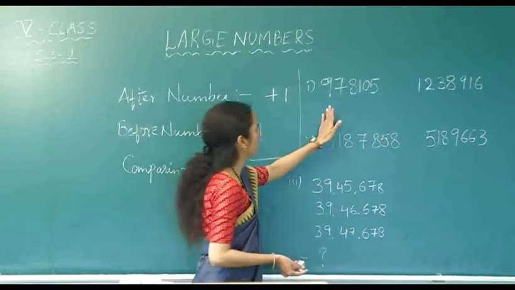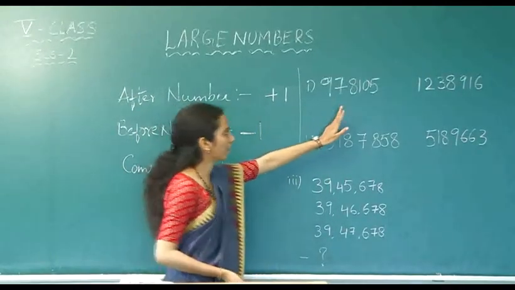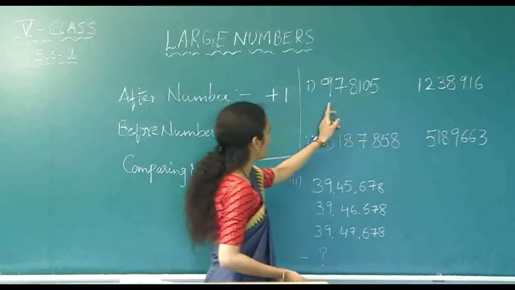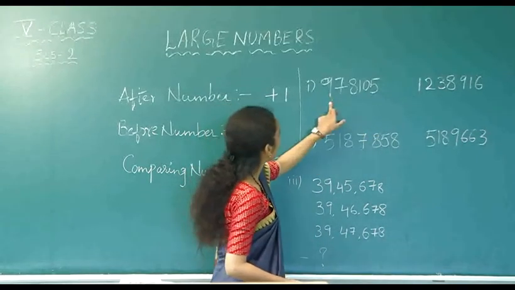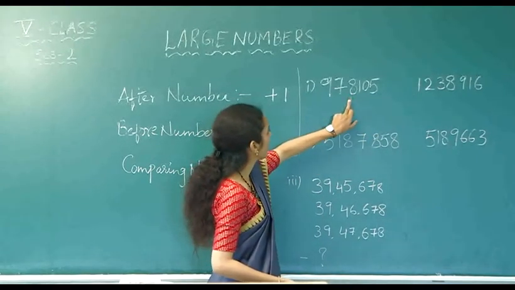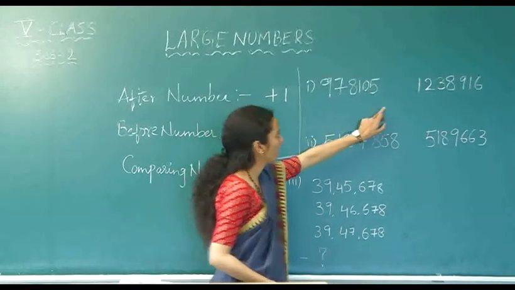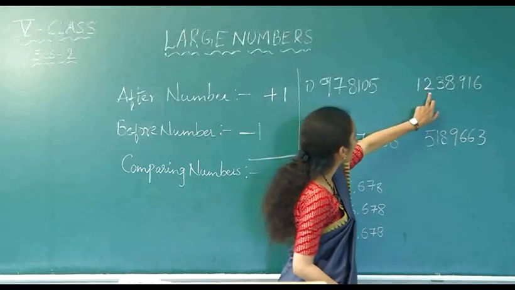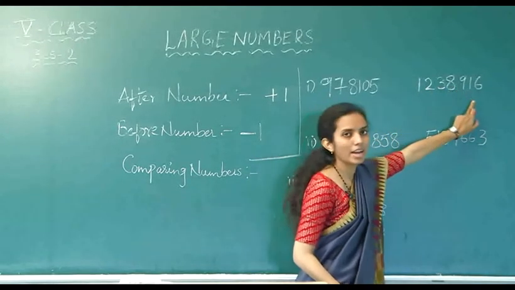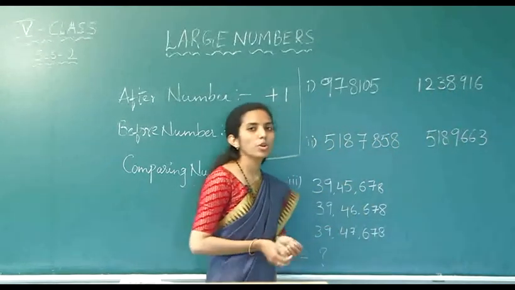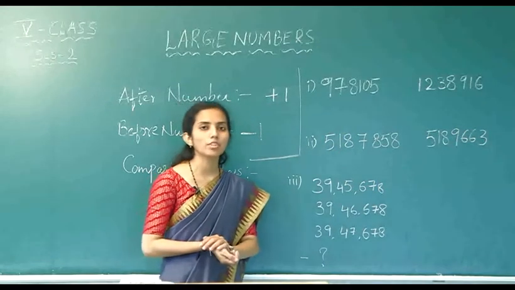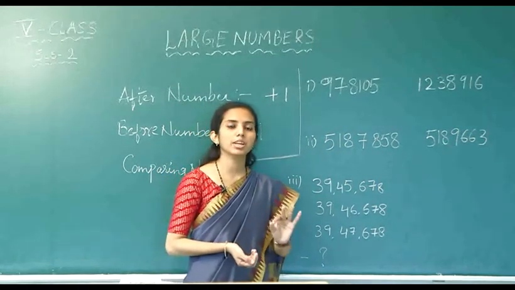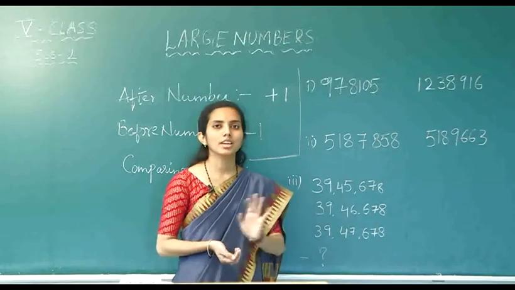Comparison of numbers. Here we are given two numbers. One number is 9,78,105 and the other number is 12,38,916. To know which number is bigger, what do we have to do? First, simply count the number of digits in the number.